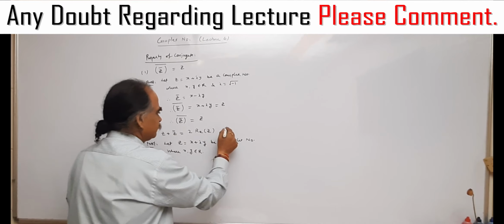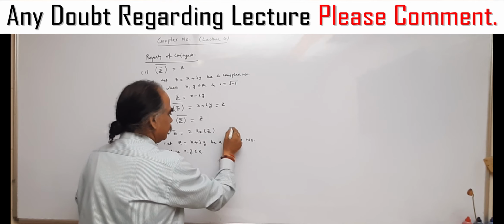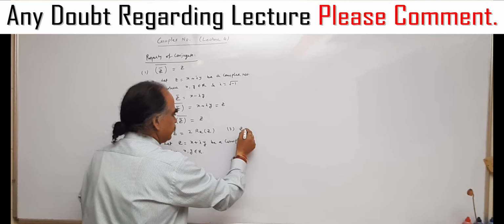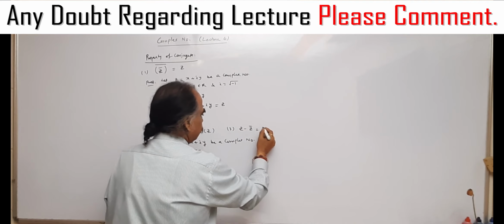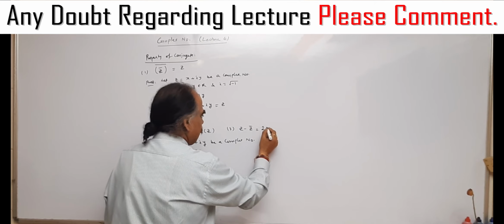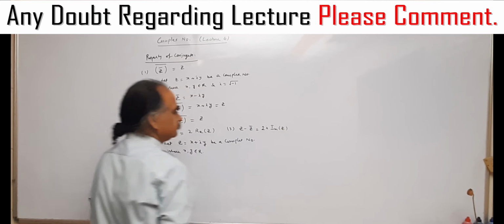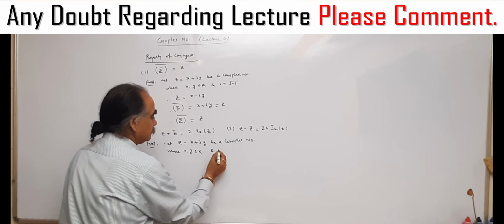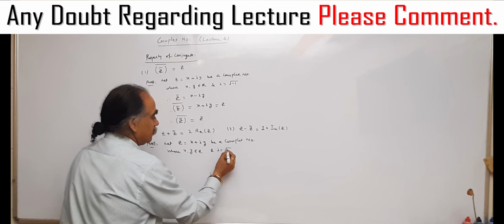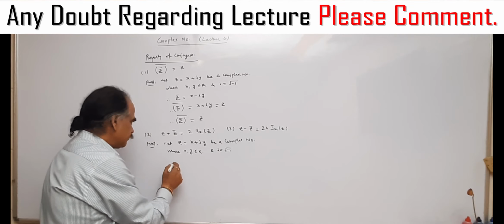In this, let me give you number 3 also: z minus z conjugate is 2i times the imaginary part of z, where x, y belong to R and i is the root of minus 1.